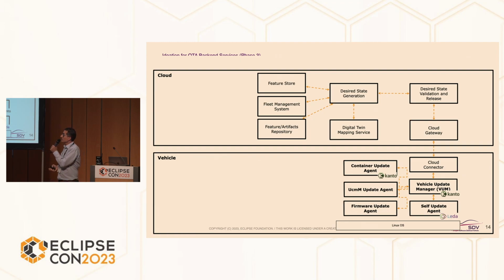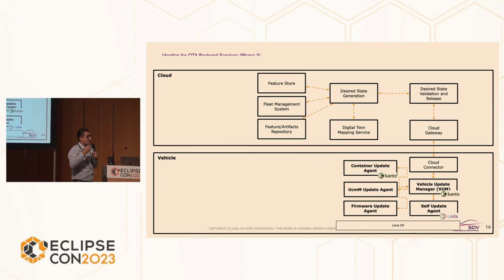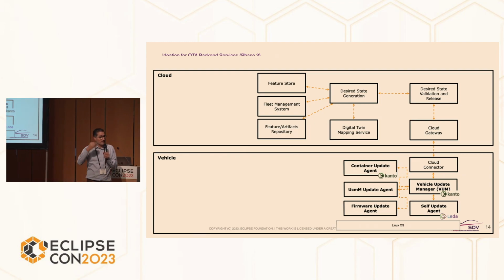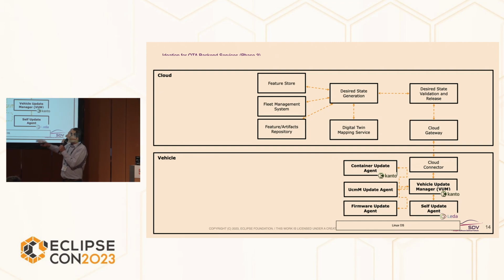For that you would need some inputs, like a feature store, meaning which features are available and which artifacts are needed to implement and realize these features in the vehicle. So you need a feature store, a fleet management system, an artifact repository, and of course a digital twin to compare the current and desired state and maybe calculate a new desired state for the vehicle. Usually this would also be validated before it's assigned to a vehicle.